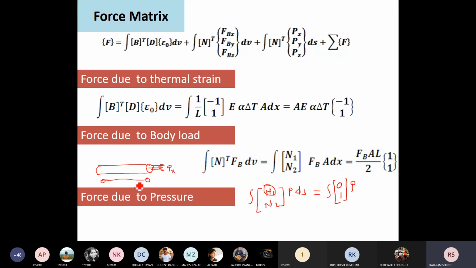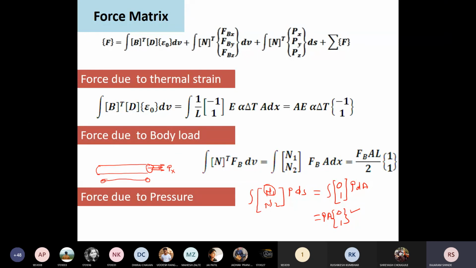That means it is not acting on length, it is acting on the cross-sectional area. So P into dA. Integrating this term, 0, 1 into P, which is constant. Integration of dA is A because area is constant, and this is your pressure load PA times 0, 1. Now this is the pressure matrix when force is acting at node number 2.